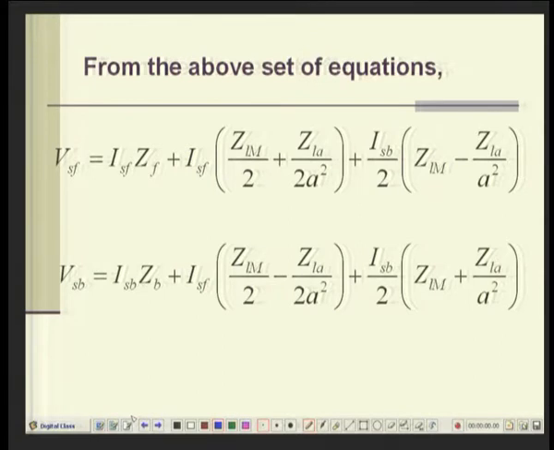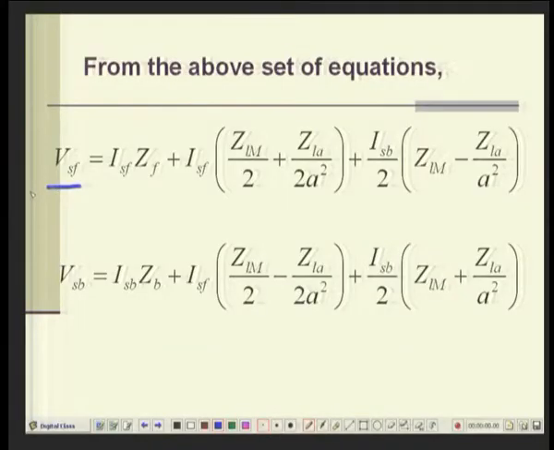Therefore, from this set of equations, we have Vsf, that means you have to sum up all these things, right. Vsf will be ISF ZF plus ISF ZLM by 2 plus ZLA by 2 A square, and plus ISB by 2 ZLM minus ZLA by A square.